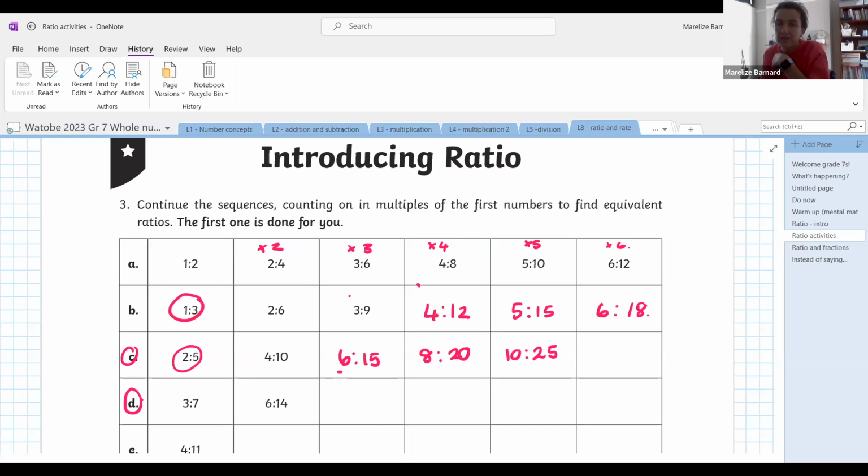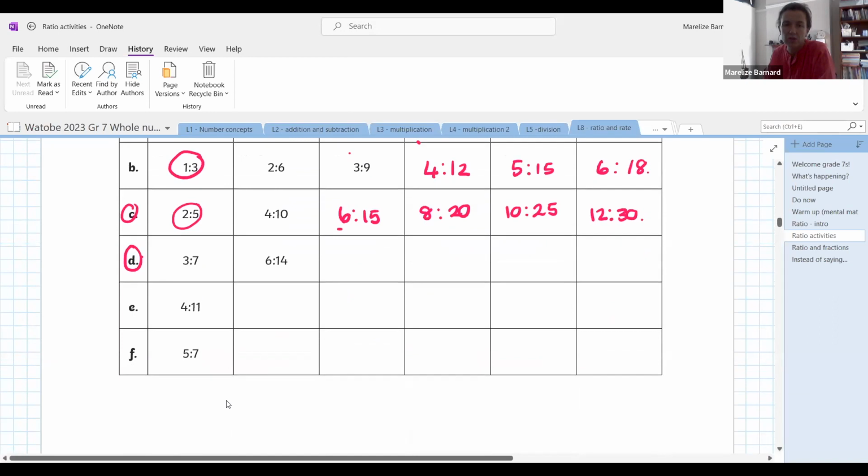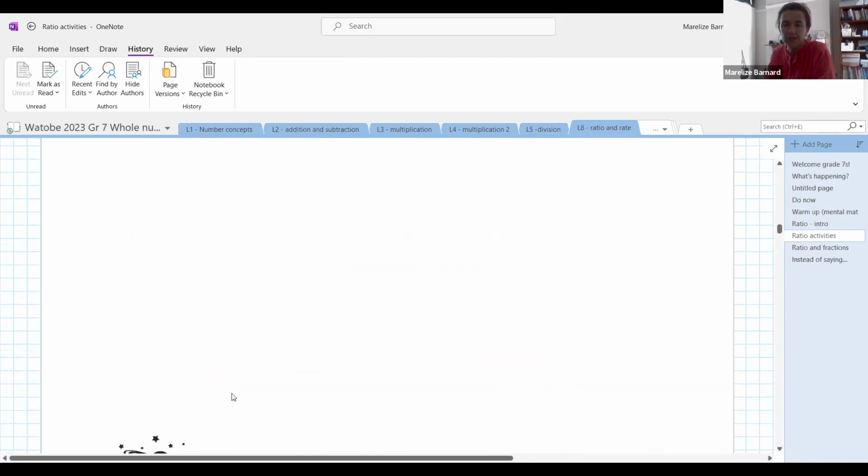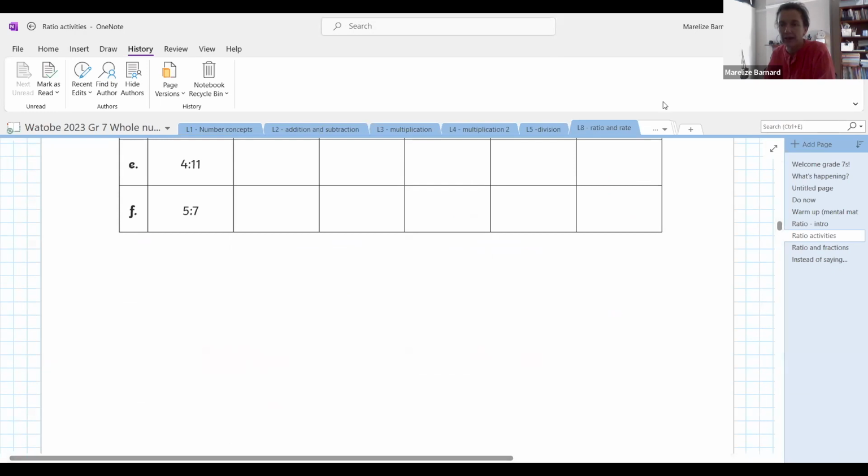And then 2 times 6, that's going to give me 12, and 5 times 6 is 30. You're welcome to take a screenshot of the remaining questions and to practice them at home. But that's all we basically do to create equivalent ratios.